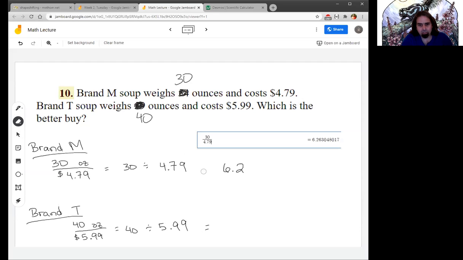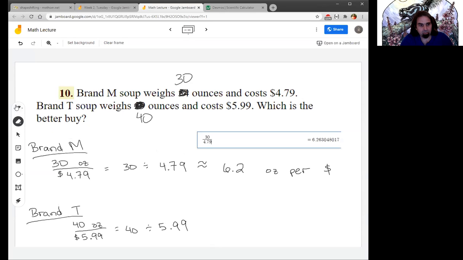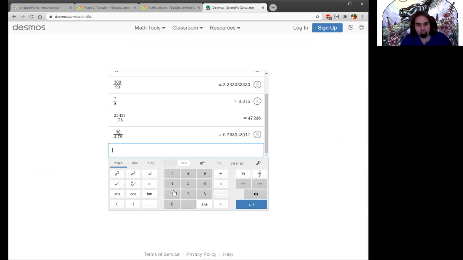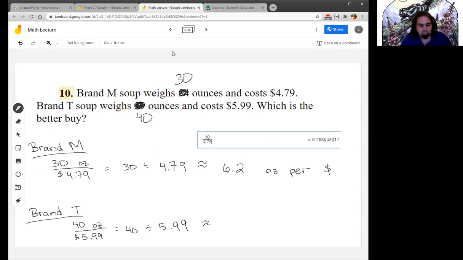Have I used yet the fact that I can make wiggly equal signs to mean I've rounded in that step? I believe, I think I did that last time. And on the other one, it will be about 40 divided by 5.99. So 6.7-ish.